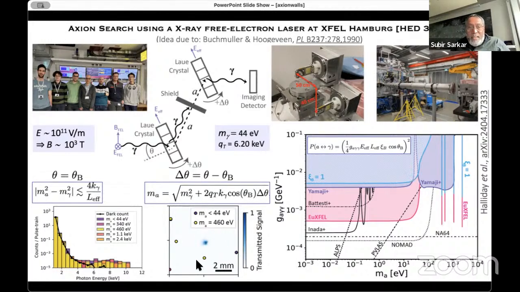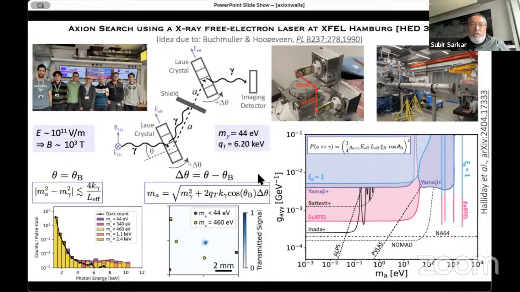Although they did see some photons, these were not in the same direction. These are clearly scattered photons because of the backgrounds. And there is considerable background. For example, the dark count itself, which is this black line here, is what the detector sees as a function of the photon energy from various backgrounds. But what you're looking for is a little excess due to the axion conversion, which is in fact not seen. And on the strength of that, you can put a bound on the axion coupling.